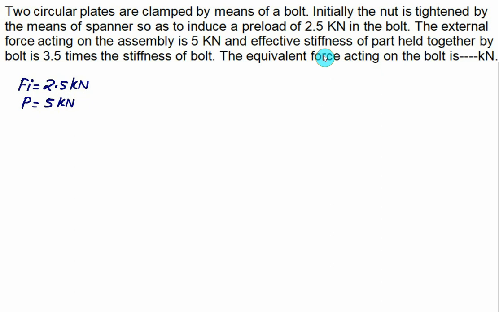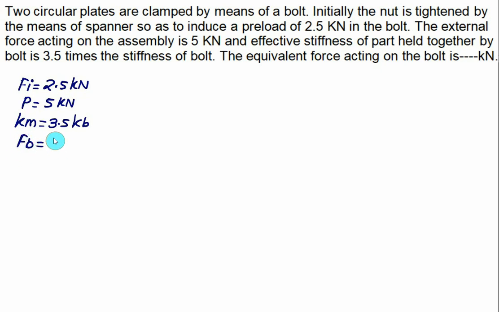Effective stiffness of the part held together by the bolt is 3.5 times the stiffness of the bolt. So we have given the value of Km is equal to 3.5 times the stiffness of the bolt. Equivalent force acting on the bolt due to preload and the external load you have to calculate. That is the value of Fb we have to calculate.